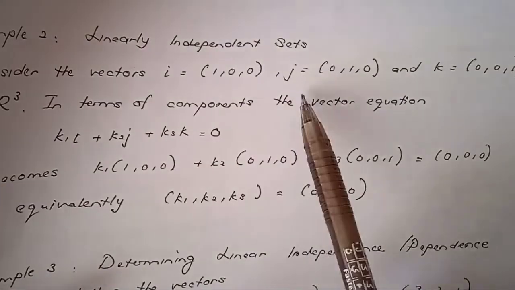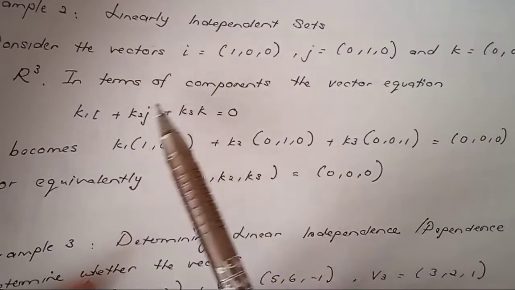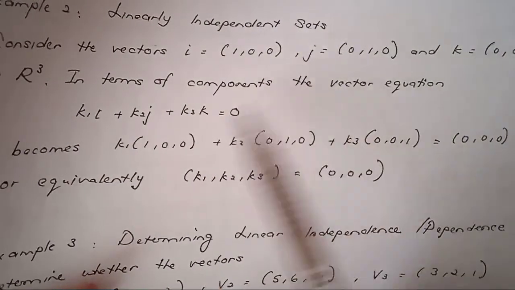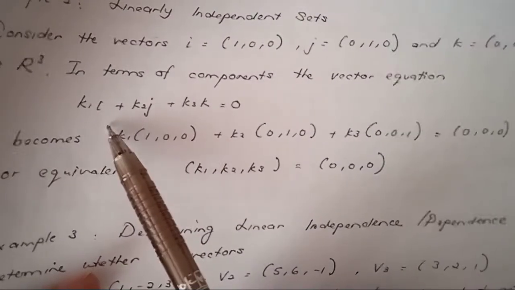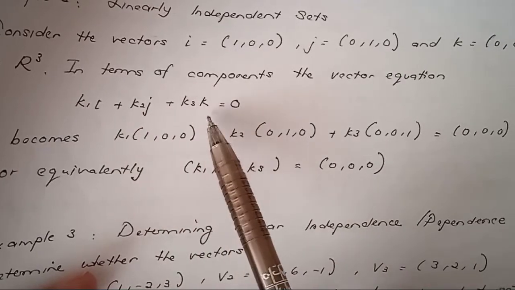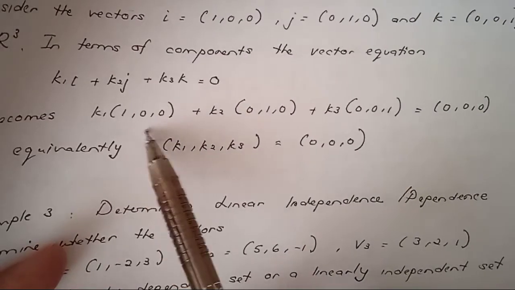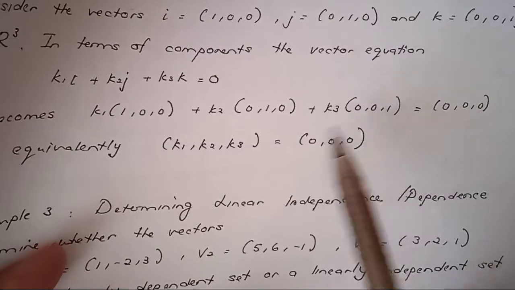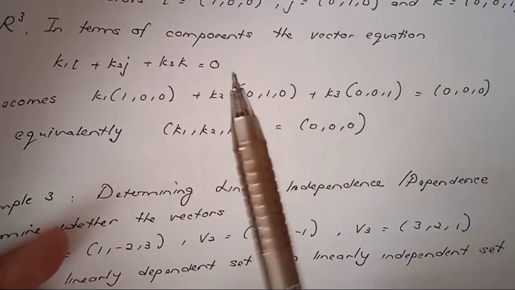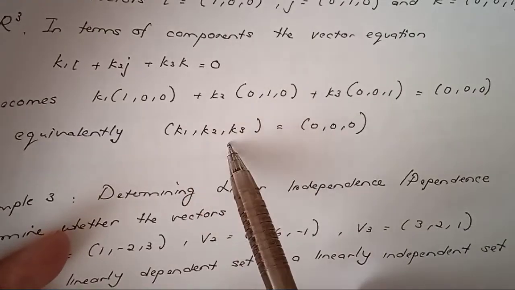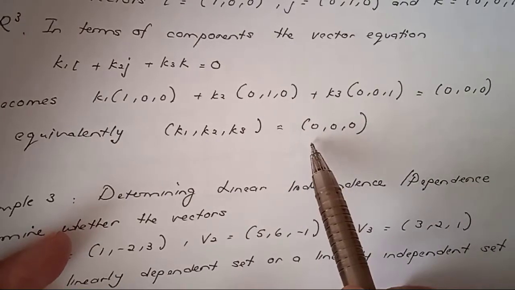Consider the vectors i, j and k in R3. In terms of components, the vector equation k1 i plus k2 j plus k3 k is set to 0, so we have this, and solve this equation to find k1, k2, k3. Lastly, we have k1, k2, k3 all equal to 0.